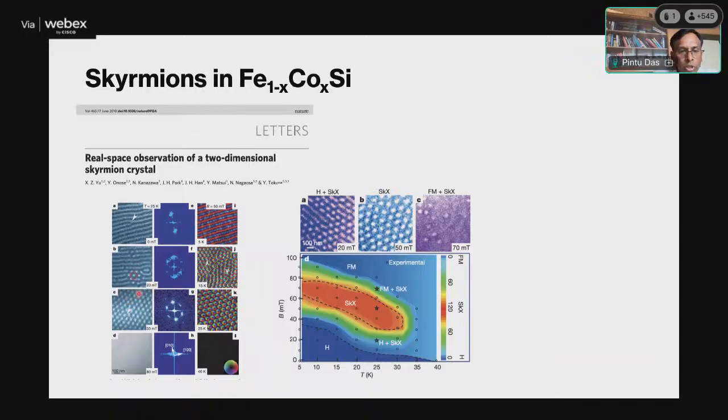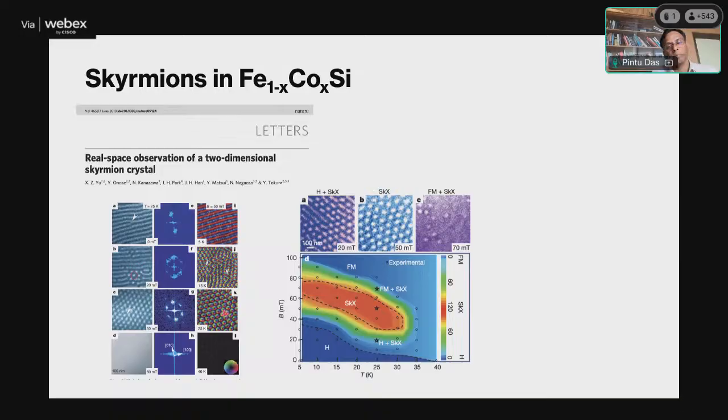They have looked at it as a function of field. You see that they stayed at 25 Kelvin, and as a function of field starting from zero field. At zero field, there is this elongated structure, and then slowly as they increase the field, some of these round objects start appearing, and they later found out that these are magnetic skyrmions, right?